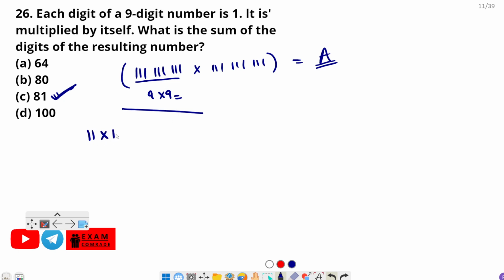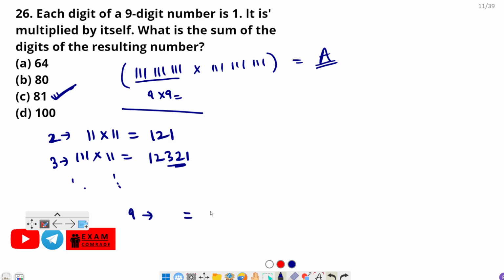11 into 11, the answer is 121. If we take 3 times, the answer is 12321. Similarly, if you take 9 times 1, the answer will be 1 2 3 4 5 6 7 8 9, then repeating 8 7 6 5 4 3 2 1.